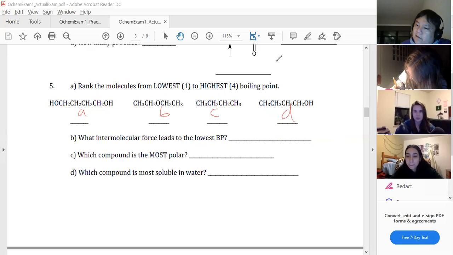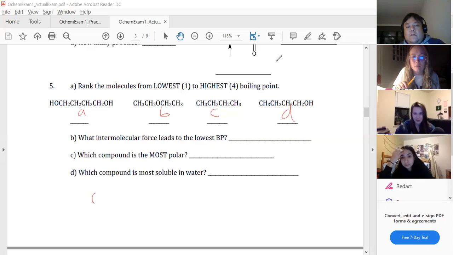Like mixes with like. Just like you guys hang out with people that are like you, like mixes with like. So if I think about water, which one of these molecules is closest to water? B. Oh, God, no. OH.